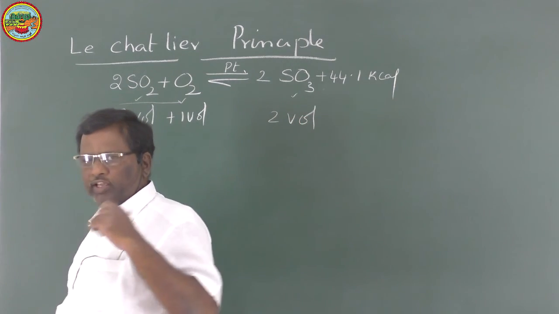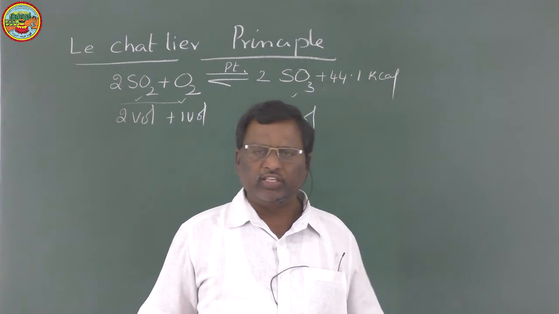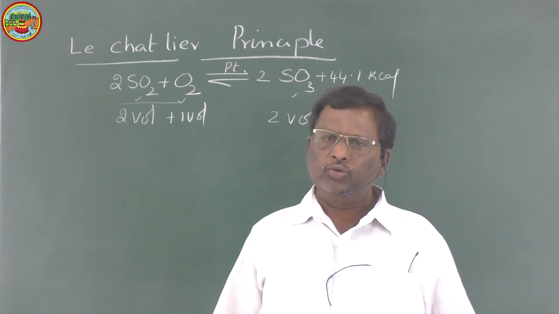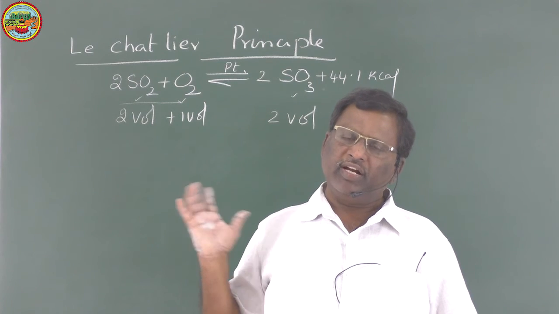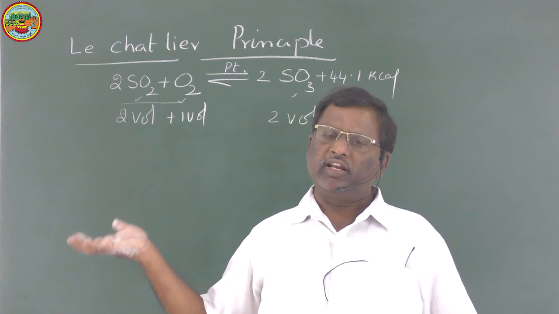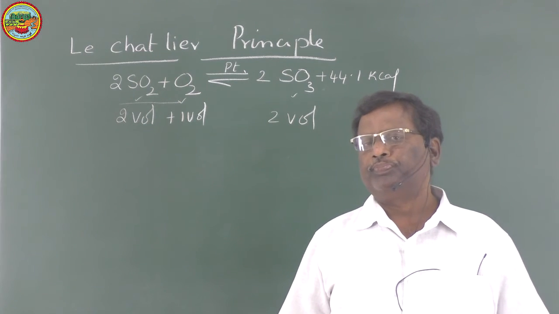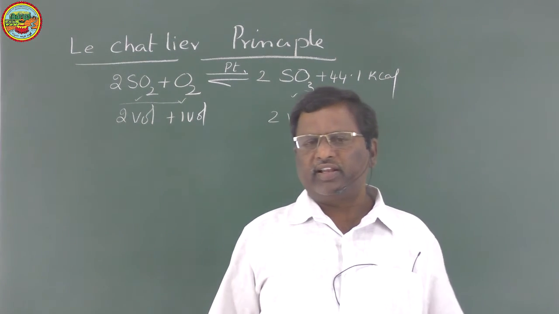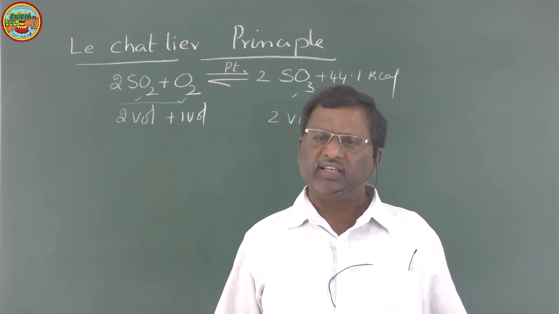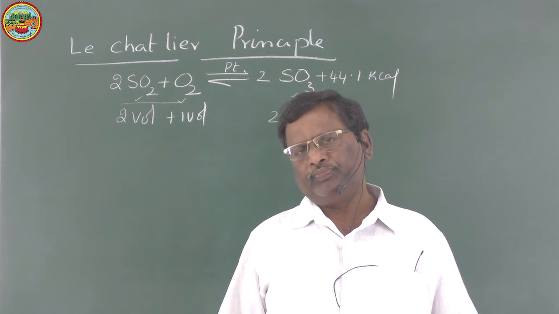That means 3 volumes of reactants are producing 2 volumes of products. In the same conditions of temperature and pressure, the volumes are in the ratio of the number of moles. That means 3 moles of reactants are giving 2 moles of products.